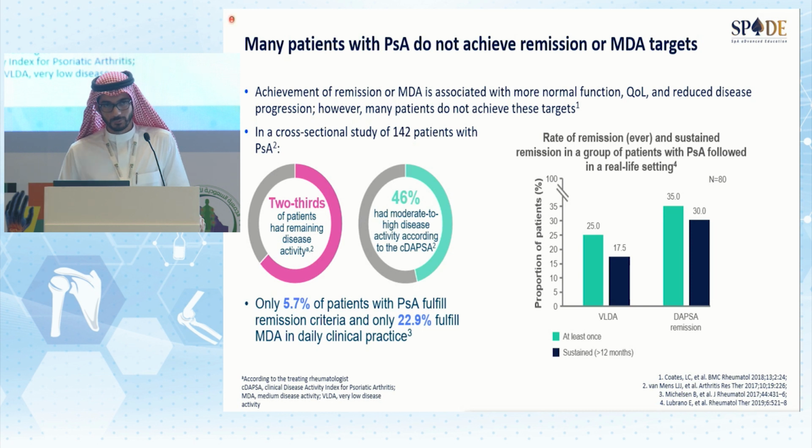When DAPSA was applied to these patients, only 35 patients achieved remission at least once throughout the year, and only 30% of them sustained the remission over this year. So again, the numbers are telling us that we still have unmet needs in the management of a significant number of patients, ranging somewhere between 70 to 75%.